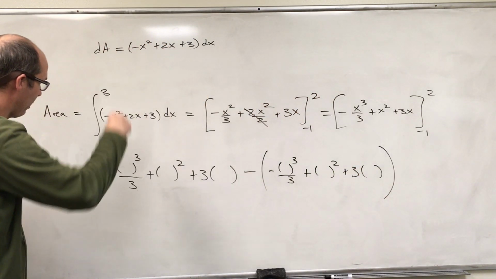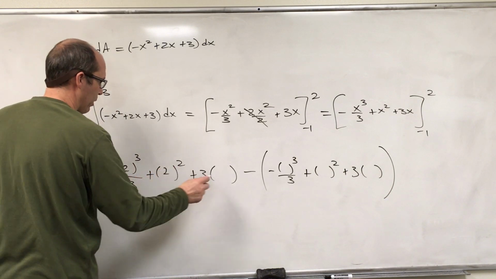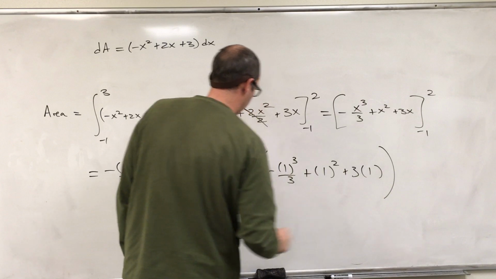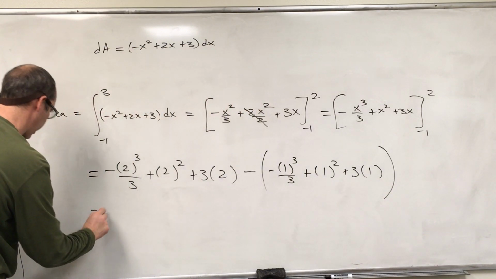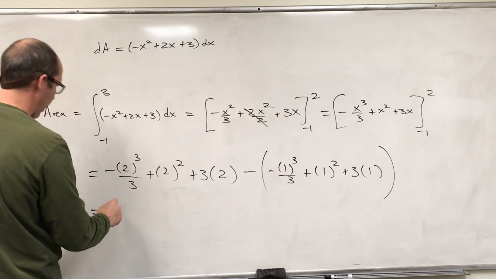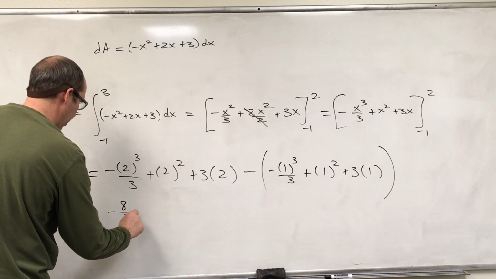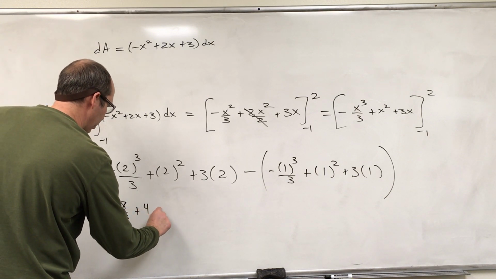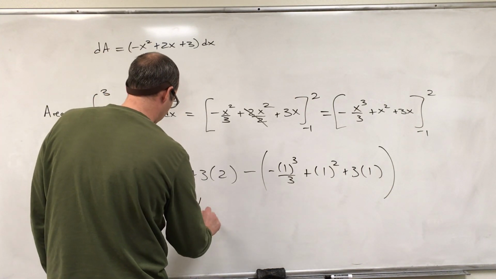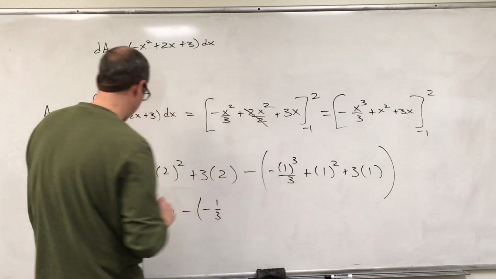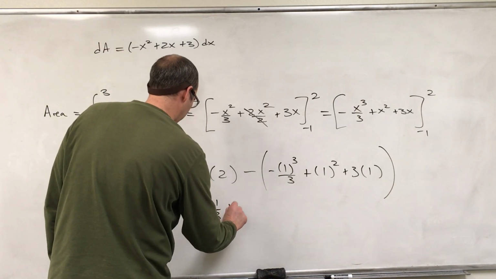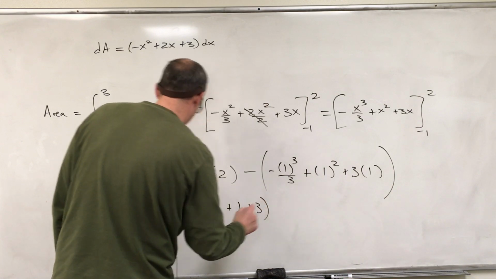Top minus bottom, we'll put the top number and the bottom number in. So this is negative 8/3 plus 4 plus 6, minus a negative 1/3 plus a 1 plus a 3.